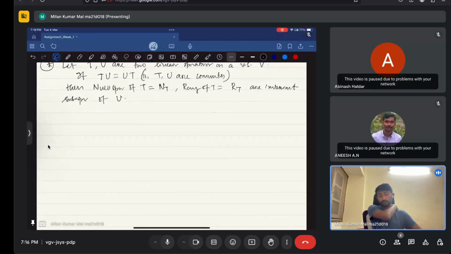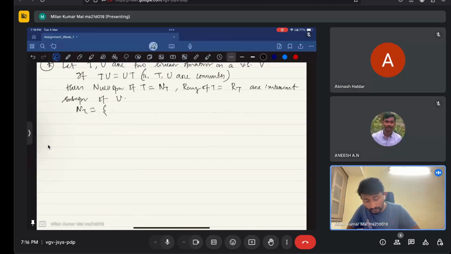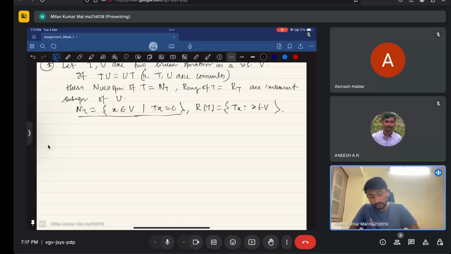The null space of T is all elements x belonging to the vector space V such that Tx equals 0, and the range space of T is all elements Tx, where x comes from the vector space V. So what we want to show is that the null space of T is an invariant subspace of U.